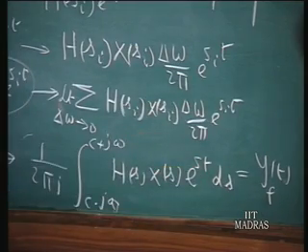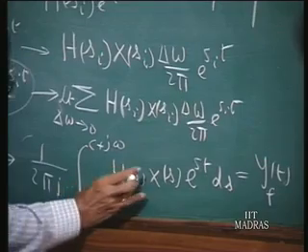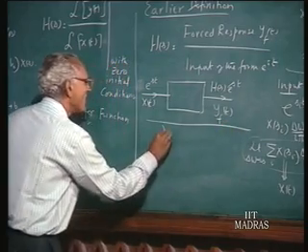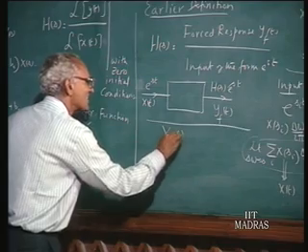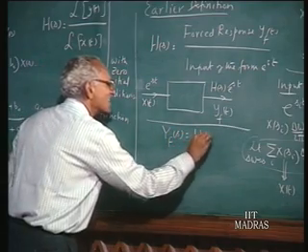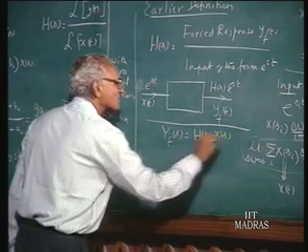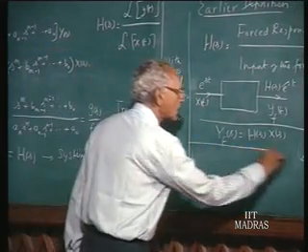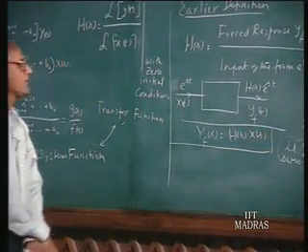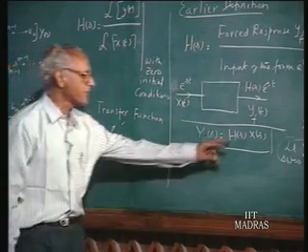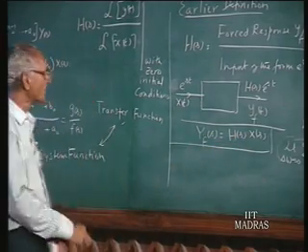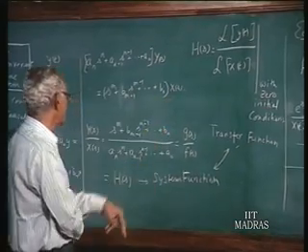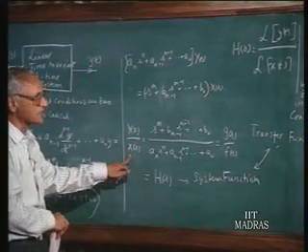That means the Laplace transform of y_f(t) is H(s) times X(s), that is Y_f(s) equals H(s) X(s). So according to our earlier definition, the sum of the forced responses has a Laplace transform H(s) times X(s). And in our Laplace transform theory, we are saying the total response Y(s) is equal to H(s) times X(s).